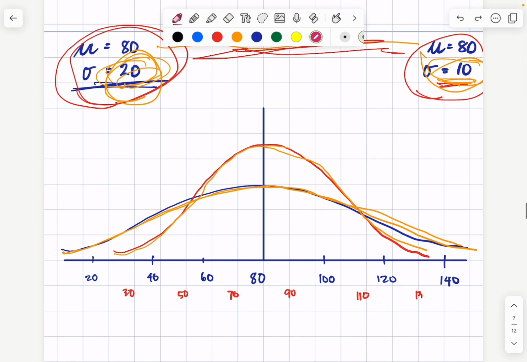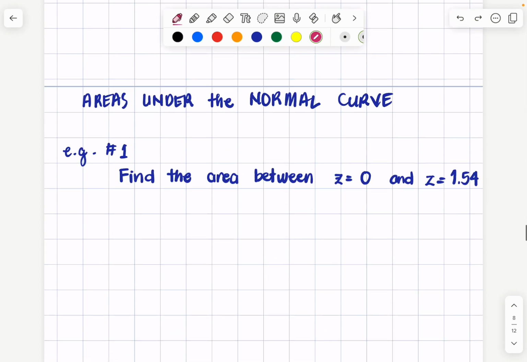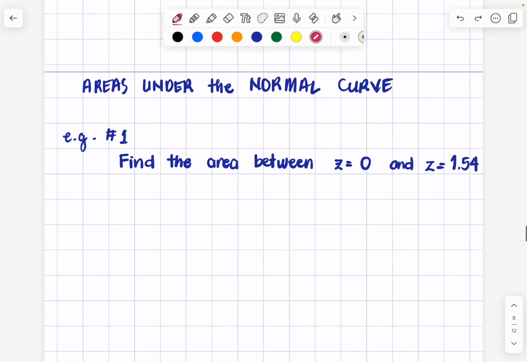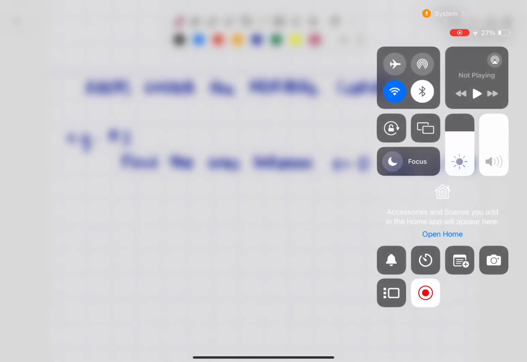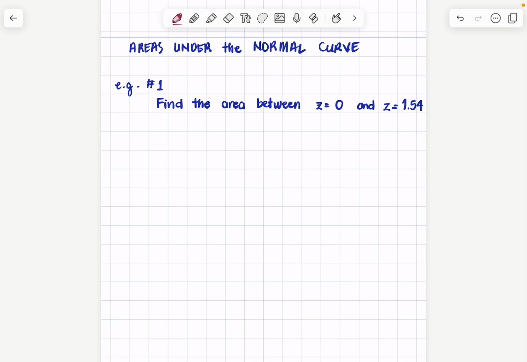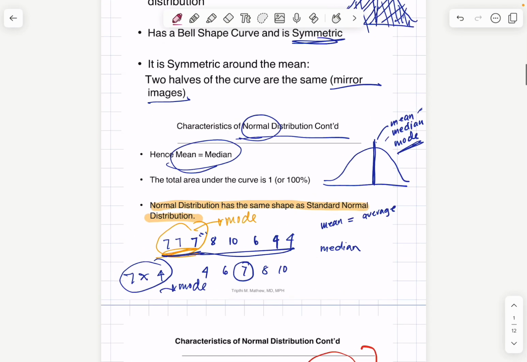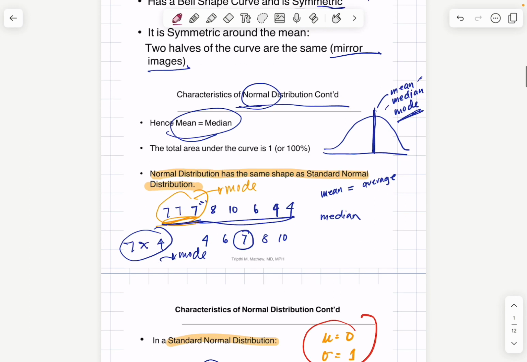So, since we're done with that, let's proceed with the areas under the normal curve. Okay, let's proceed with sa topic nga areas under the normal curve. So, pila itong area under the normal curve, balikan nato ang iyahang characteristics.